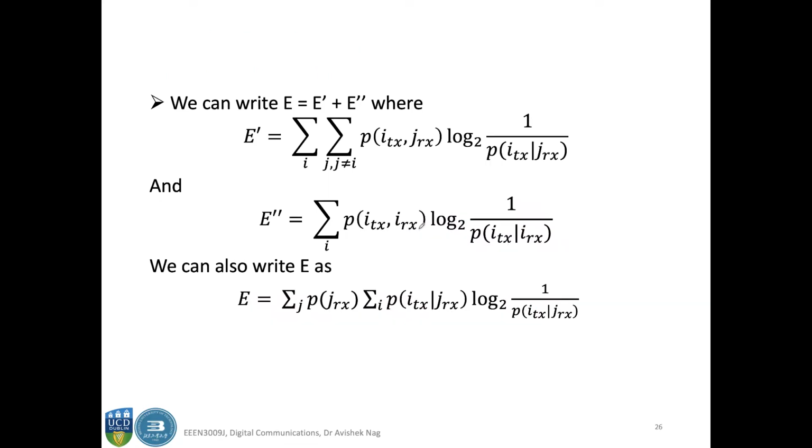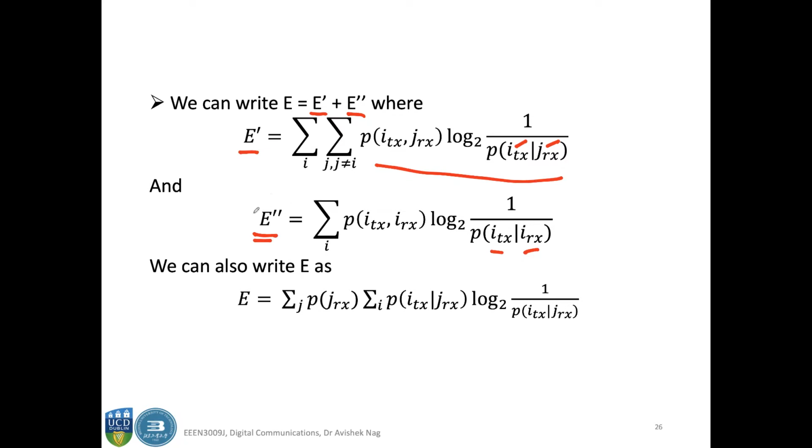So you can write E in terms of these two terms, E dash and E double dash. E dash is actually these types of terms, where you are making an error: you are receiving a J, but you are transmitting an I. These types of terms are separated, and they contribute to E dash, whereas E double dash are those terms where you are receiving I and you are transmitting I as well, so there is no error.